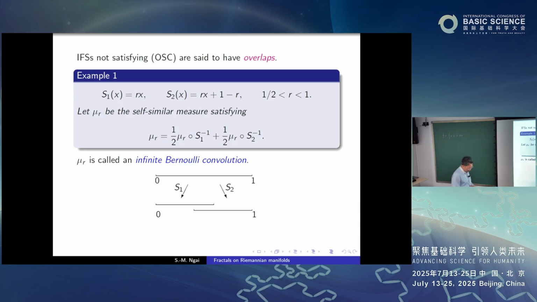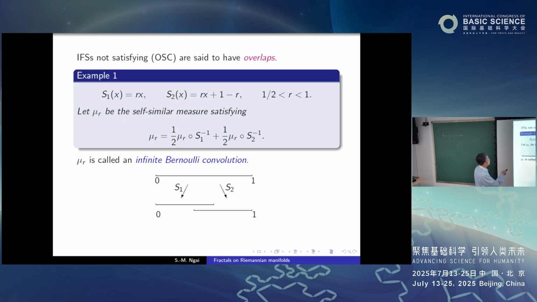So here's an example of an iterated function system that does not satisfy the open set condition. And in this case, we say that the iterated function system has overlaps. Here's a very simple one, where we only take two maps, each a contractive similarity.